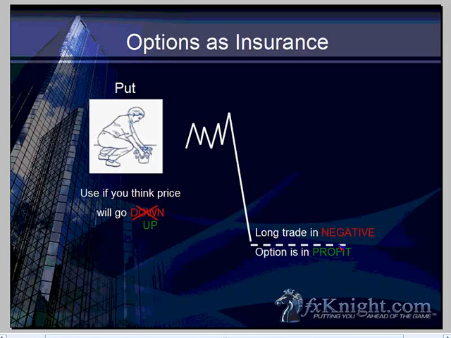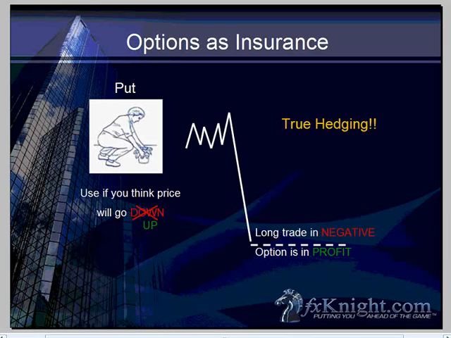However, you've got the option to exercise your put at a lower price. So that would lead to profit. Worst case scenario, break even. But if you combine this with stops, perhaps right below the bottom of the range, the option has more profit than you lost on the losing long trade if price goes down.